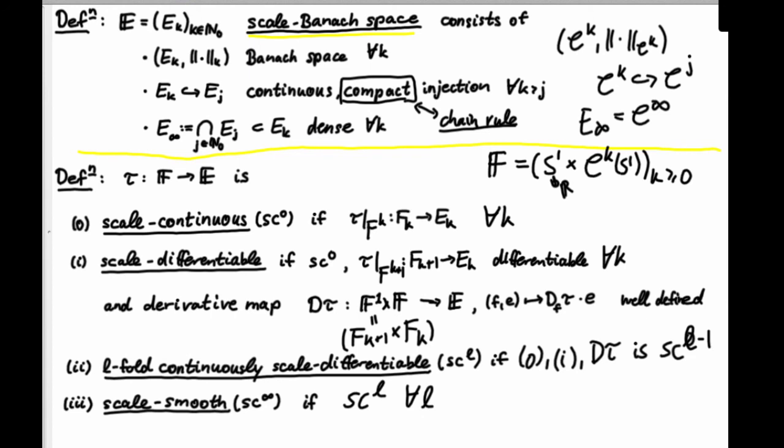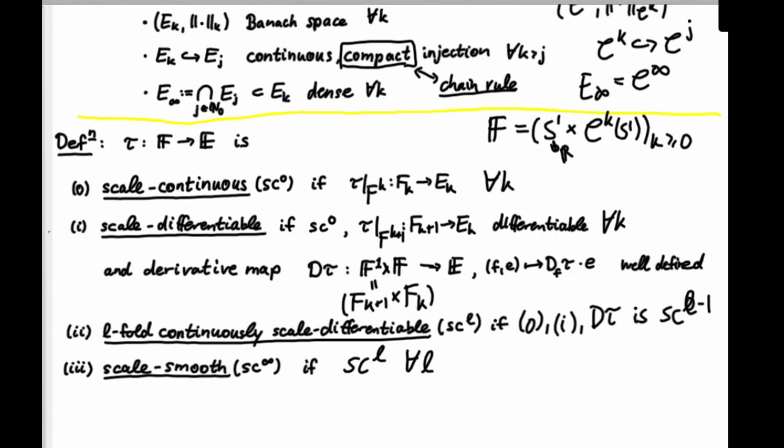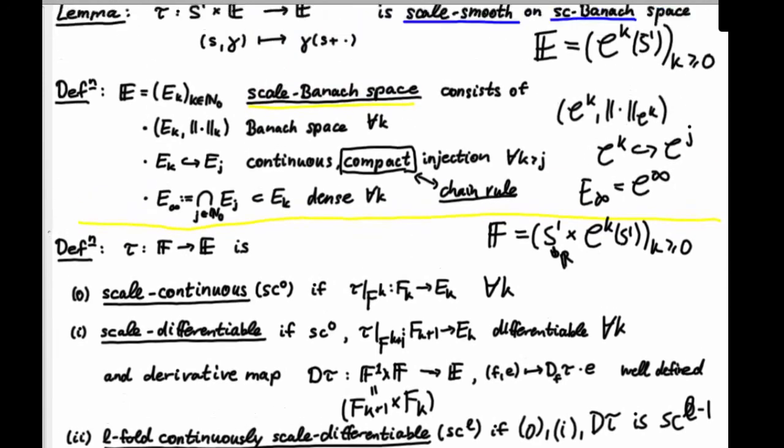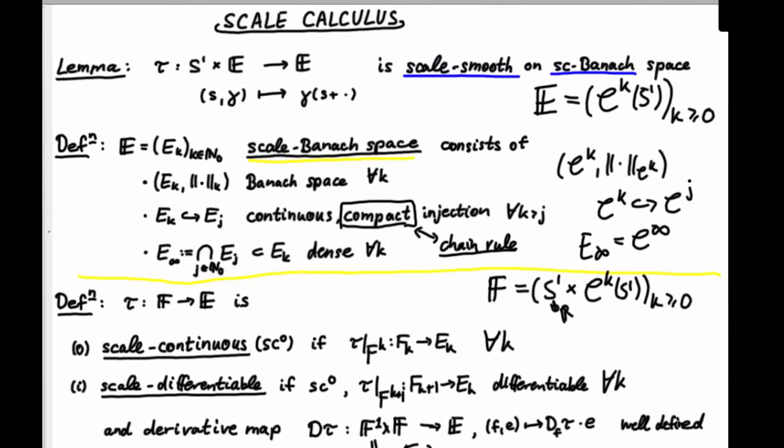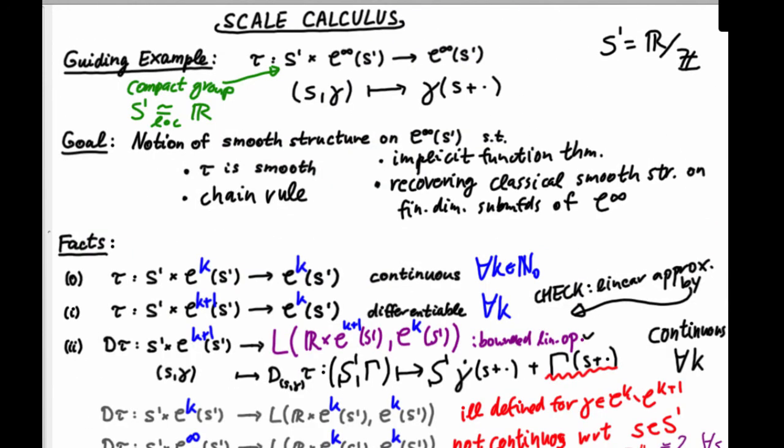I don't know of a counterexample where the chain rule breaks down, in an example where you fail to have compact inclusions, but that probably exists. So there seems to be a pretty tightly defined theory. It exactly captures our conditions.